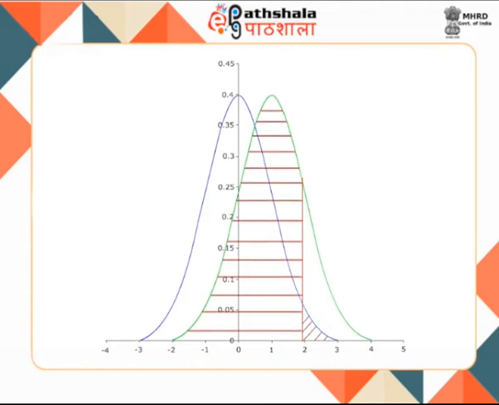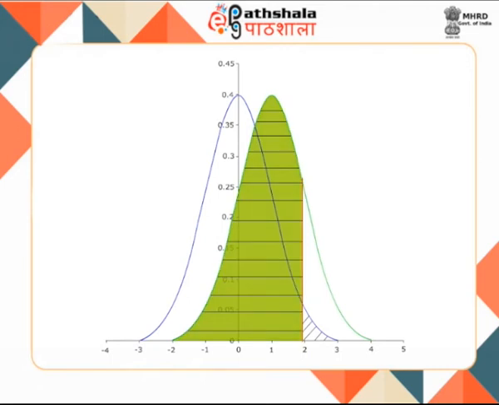The probability of type 1 error is shown by the area to the right of the red line and below the blue curve, alpha. And the probability of type 2 error, beta, is the area of the horizontally hatched region to the left of the red line and under the green curve, beta.